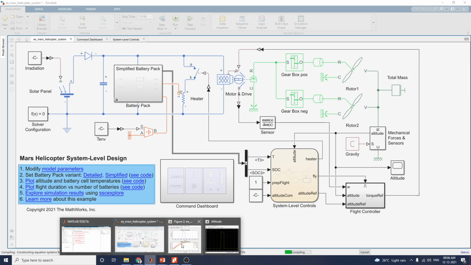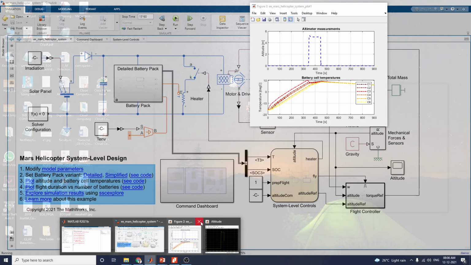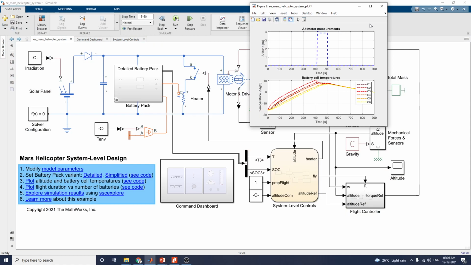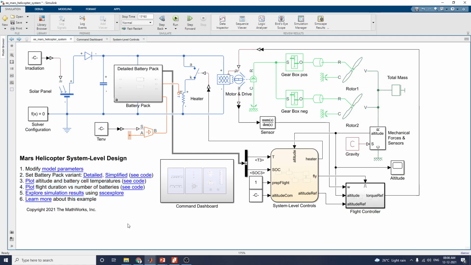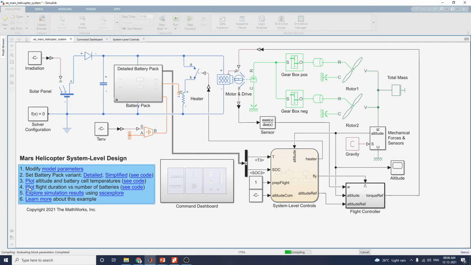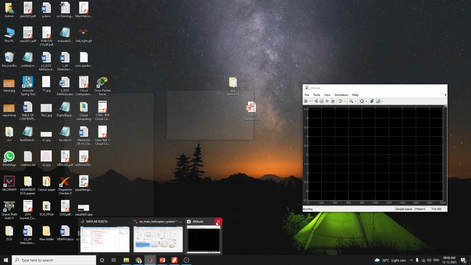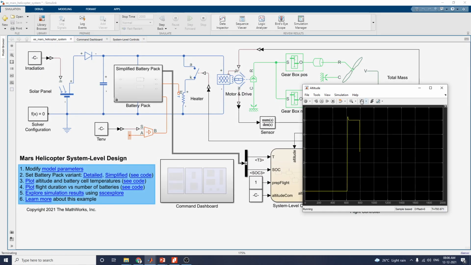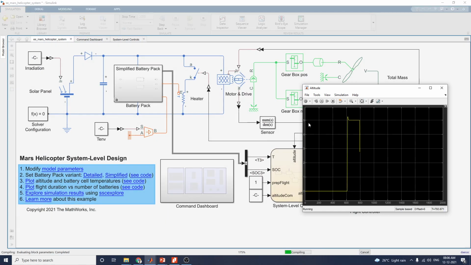By using the dashboard function, the previous output, now you can see the outputs. Now it is coming. Battery cell temperature for the simplified model. You can see now for the single battery, more number of attitude. This reaches 5. It's a simplified view.